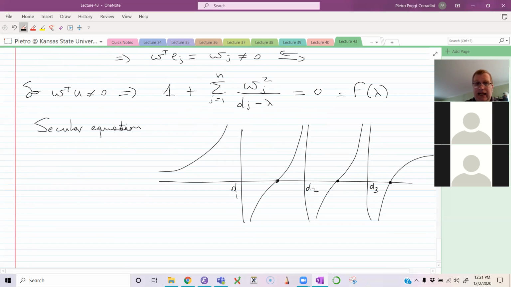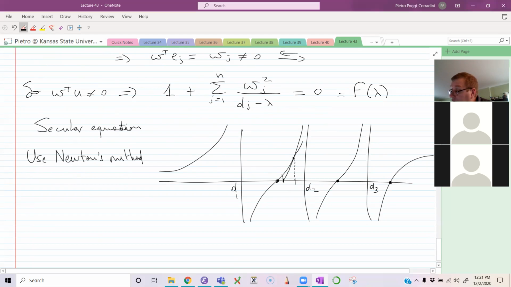Okay, so that's a nonlinear problem, but there are methods for finding those roots. So for instance, you can use Newton's method. And it can be quite fast, right? So you start with an initial guess. You go to the function, you compute the tangent, and that gives you the second guess.